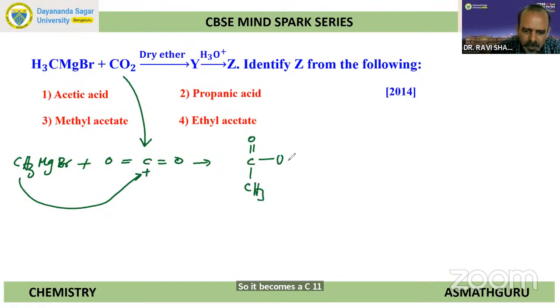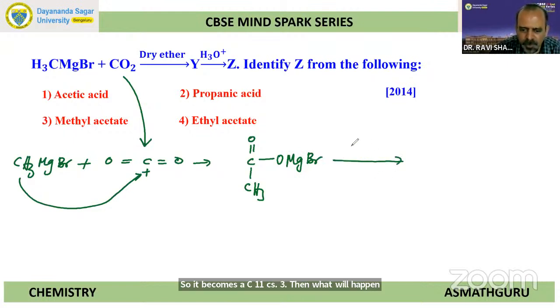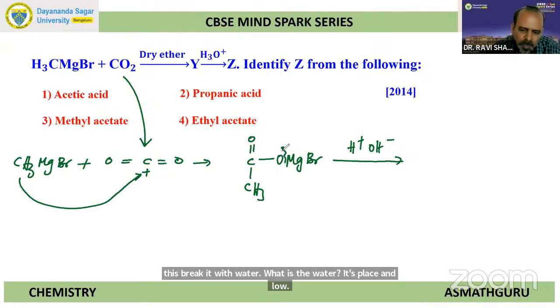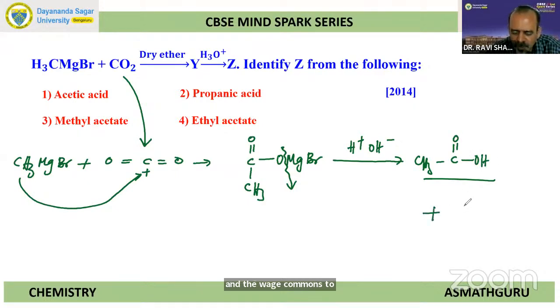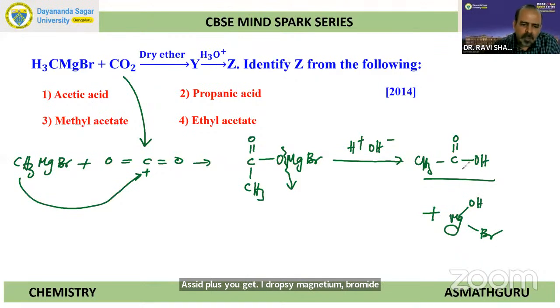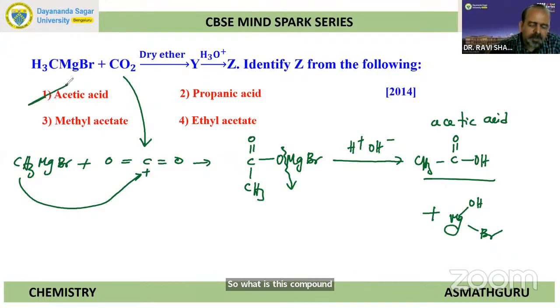Then the O combines with MgBr. Then this is broken with water, H plus and OH. Then you get CH3, C double bond O and OH combining to form the acid, plus hydroxy magnesium bromide. This compound is called acetic acid. What is the option? First option.